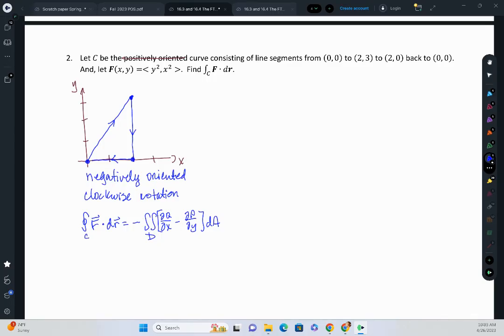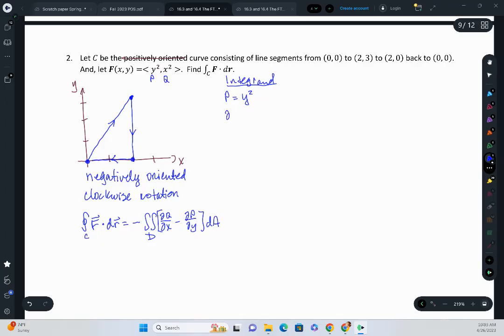Okay. All right, so we've got our picture drawn. We know we need a negative sign, and now we need to figure out what P and Q are. So we know that F of x, y is equal to y squared, x squared, and the first component is P, the second component is Q. So if P equals y squared, I'm getting my integrand here.